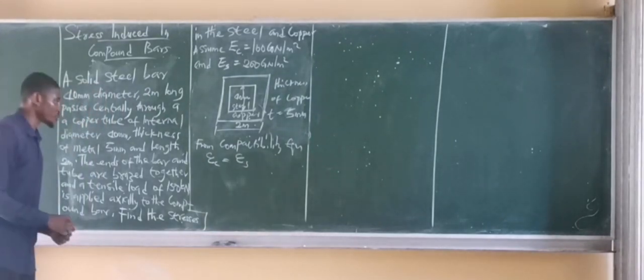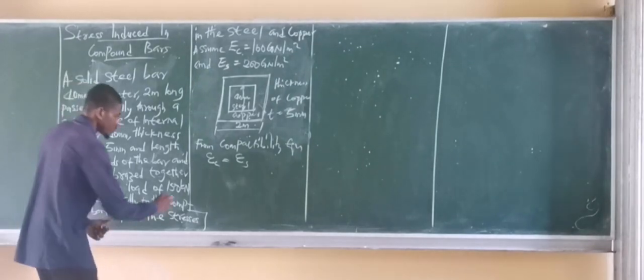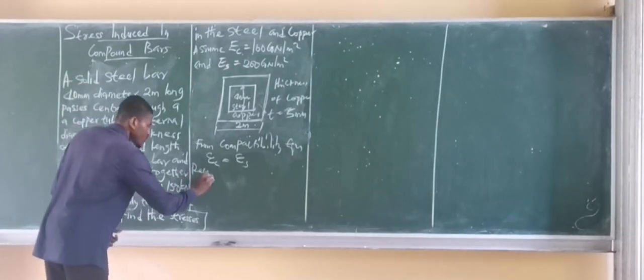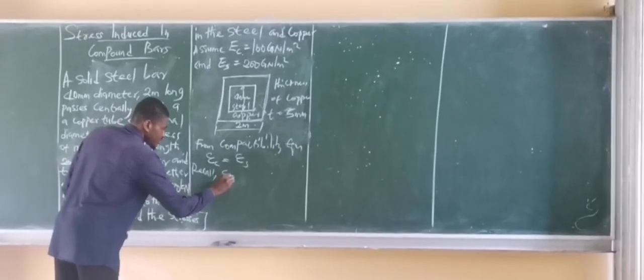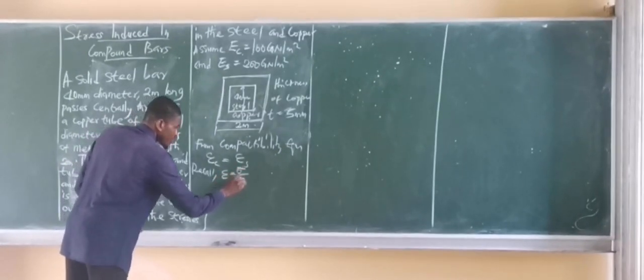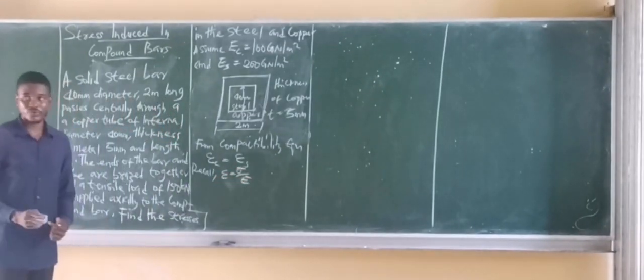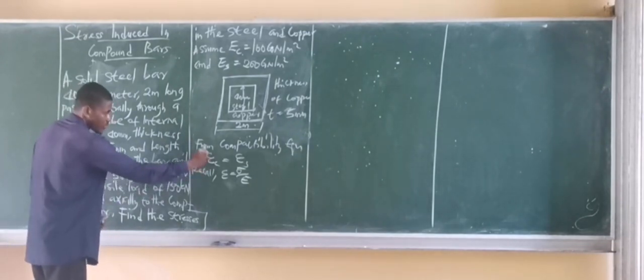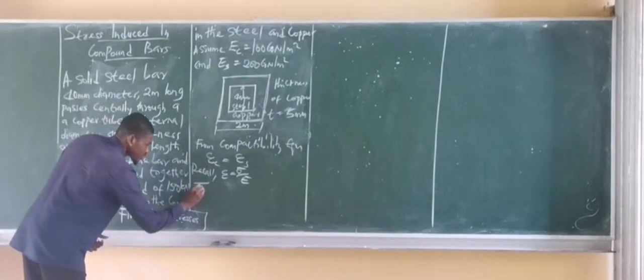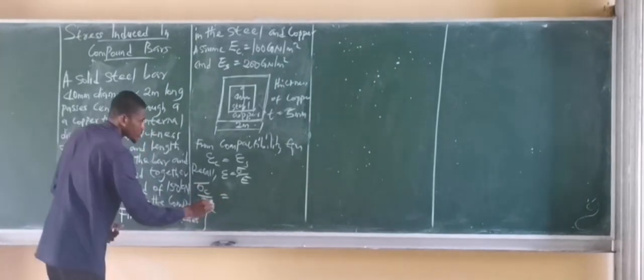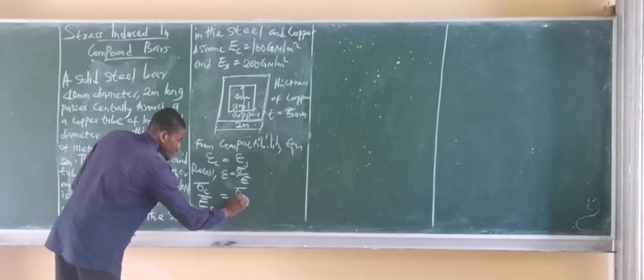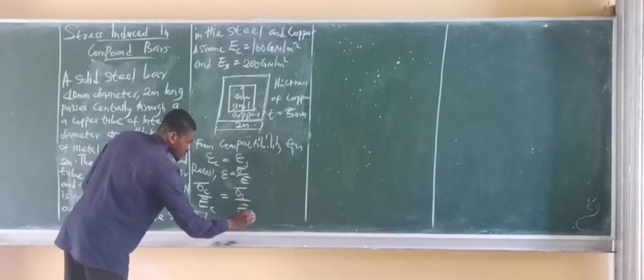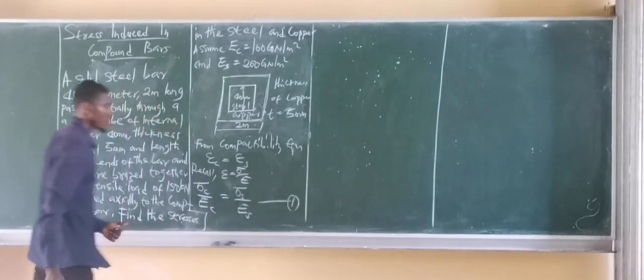But we recall that strain itself is simply stress over Young's modulus. So in place of strain of copper, we can write stress of copper over Young's modulus of copper, and that's equal to stress of steel over Young's modulus of steel. So let's call this equation 1.